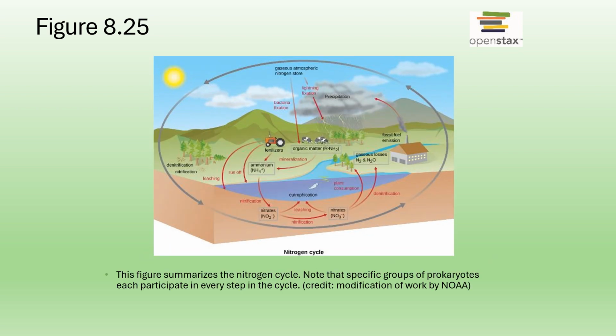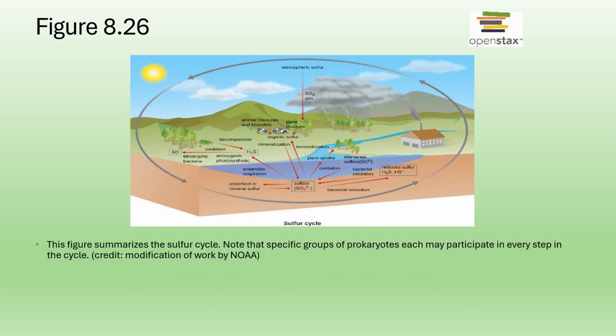Same thing with the nitrogen cycle. A lot of things are tied up in nitrogen in plants and then the soil. And so everything, once again, just cycles around. Microorganisms play a huge role in all forms of the nutrient cycling. And this is showing the sulfur cycling as well.